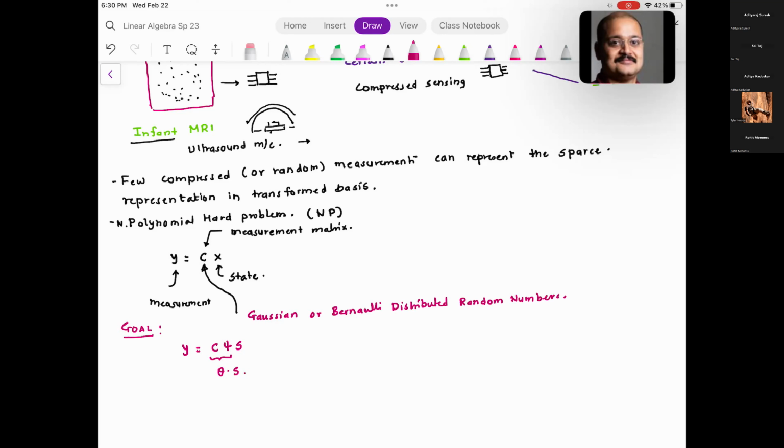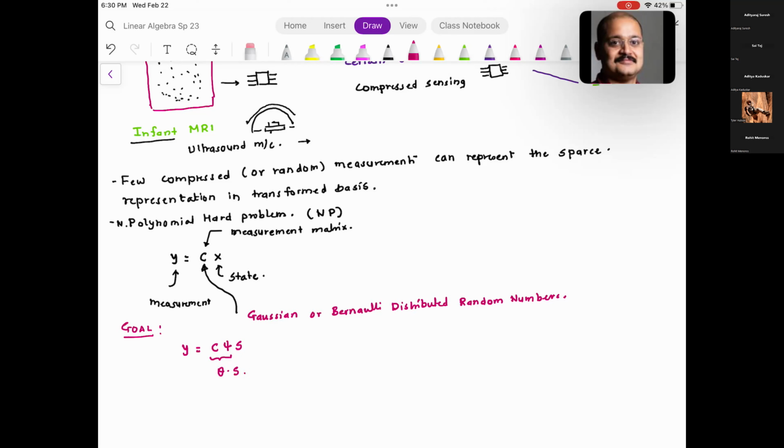You have constructed this matrix C comprising completely random numbers, but these random numbers follow a certain distribution, and that distribution could be Gaussian or Bernoulli.